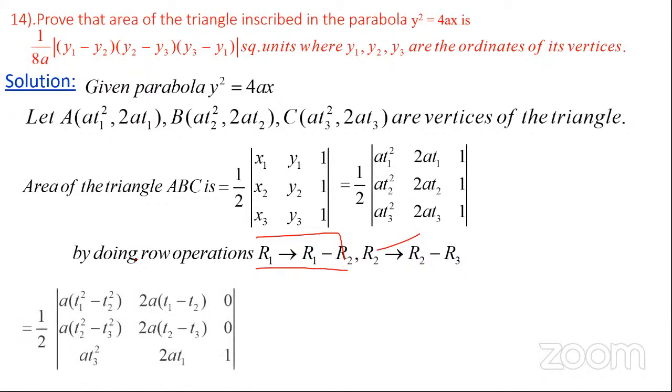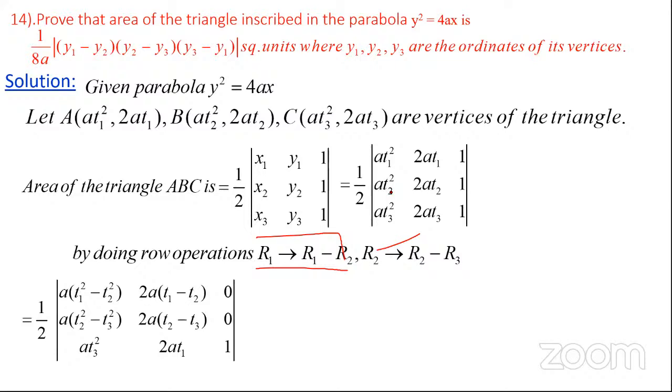So you will get at1 square minus at2 square, 2at1 minus 2at2, 0, and similarly at2 square minus at3 square, 2at2 minus 2at3, 0, and at3 square, 2at3, 1. Here a is common, and in this column 2a is common. So we get 1 by 2 of a times (t1 square minus t2 square), 2a times (t1 minus t2), 0; a times (t2 square minus t3 square), 2a times (t2 minus t3), 0; at3 square, 2at3, 1.